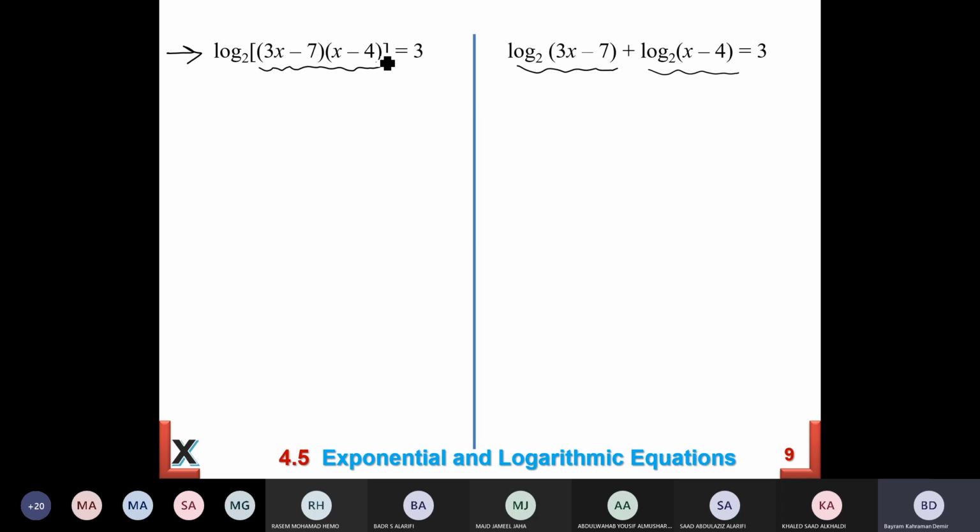The logarithm of an expression is equal to 3. So what are we going to write? This expression, (3x minus 7) times (x minus 4), equals 2 to the power of 3, which is 8, right? Then after you multiply and organize, you will get 3x squared minus 19x plus 20 equals 0.